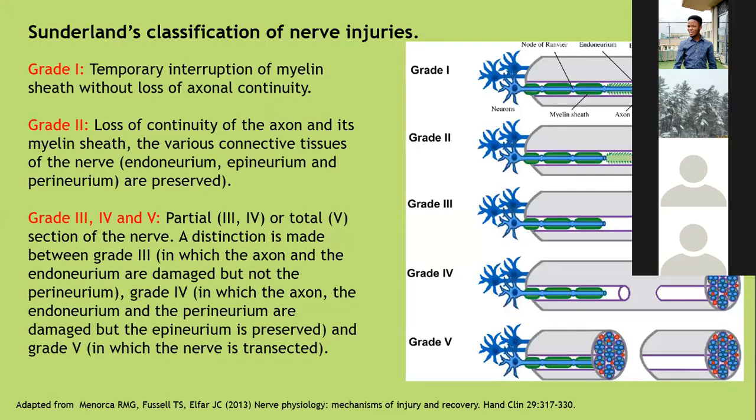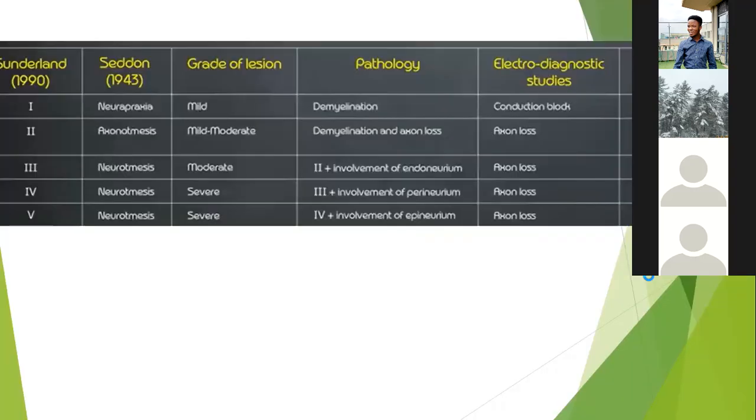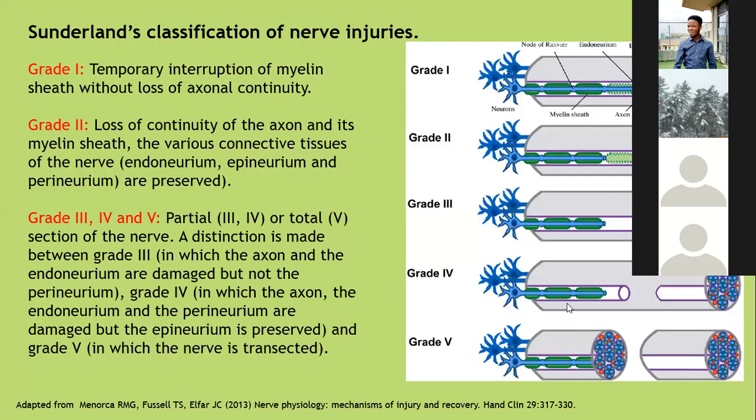So if you look at the images, there is a publication that I have posted on Blackboard, which is talking about nerve injury. In fact, the publication is this one, Mechanism of Injury and Recovery. It is in the Handbook of Clinical Physiology and Neurology.